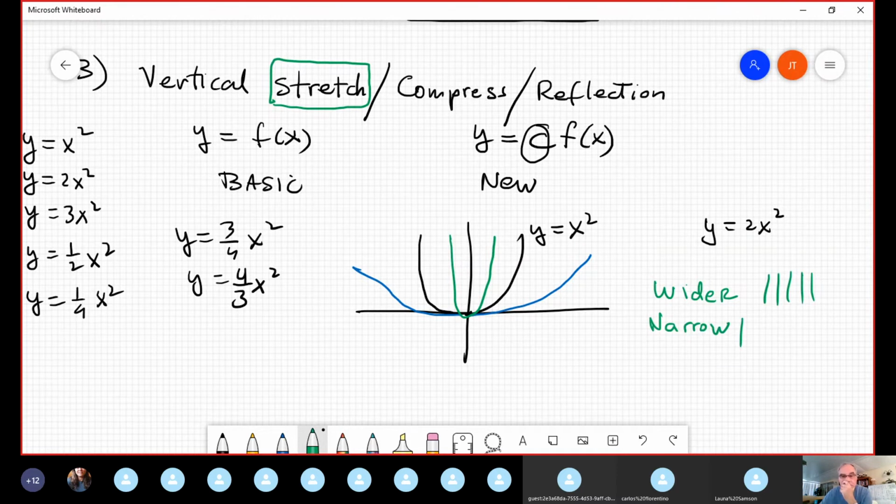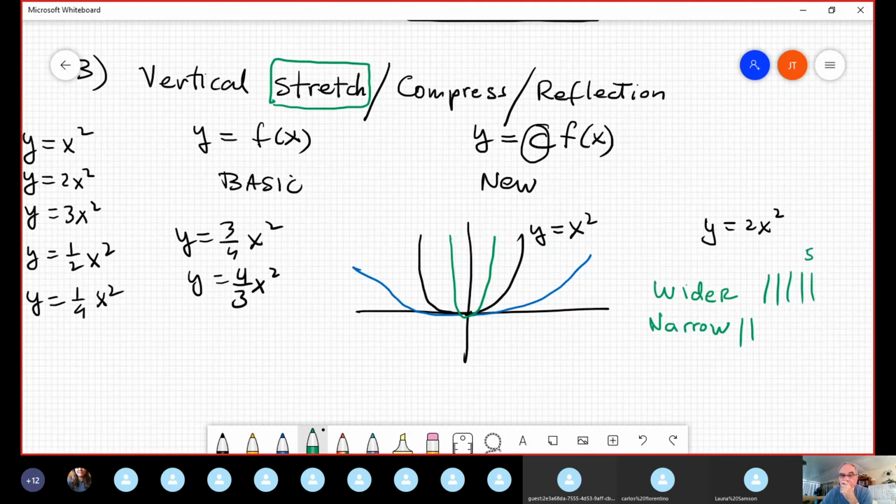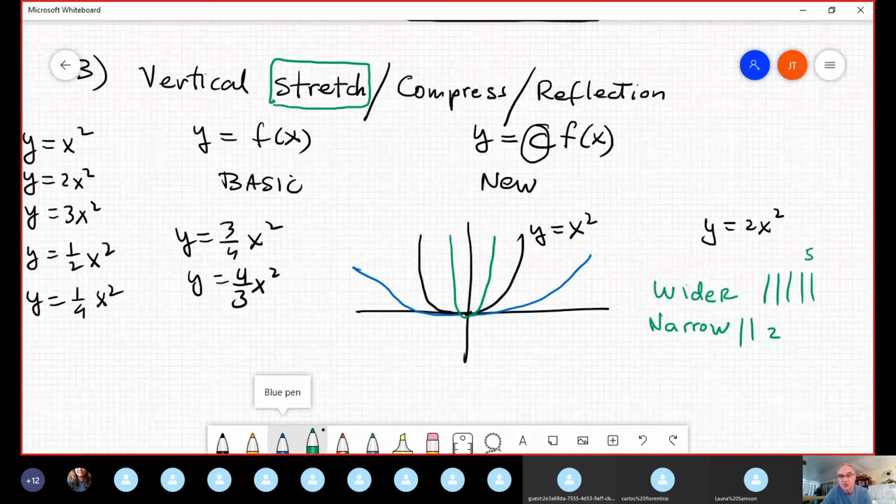The rest, no opinion. Andreina is narrow. Okay. 1, 2, 3, 4, 5 wider, and only 2 narrow. Wow. Let's see what the decimals say. I want to verify algebraically after that.